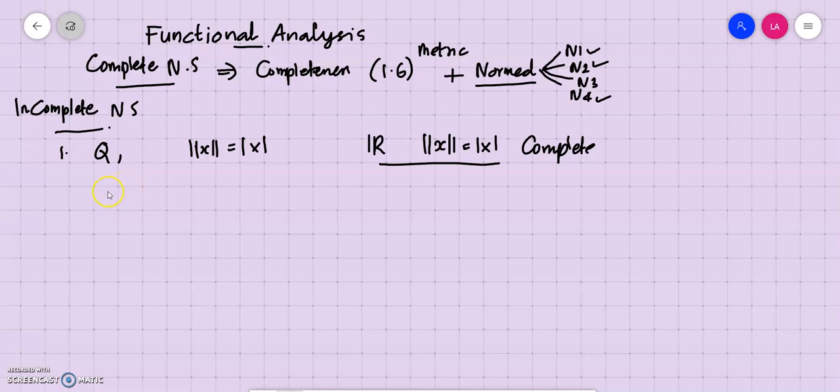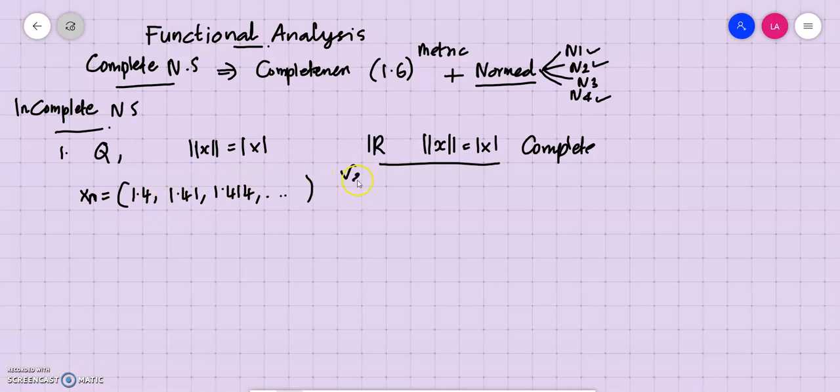One of the classic examples is a sequence x_n, defined from the value of root 2. Root 2 is 1.4, 1.41, 1.414, etc. In this sequence, at each term you are adding a digit of root 2.